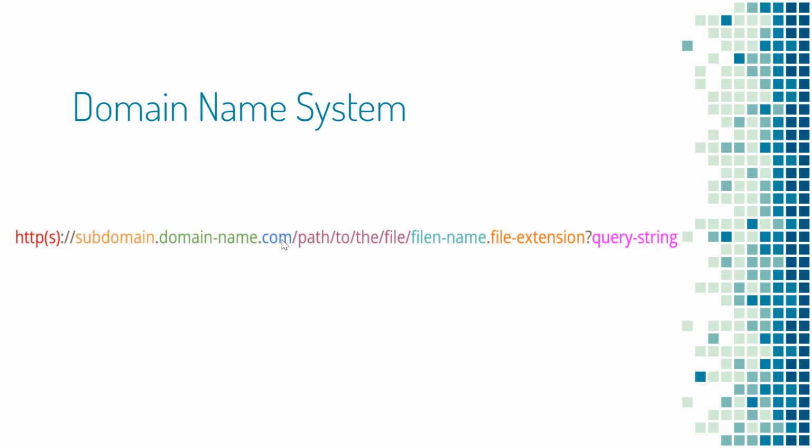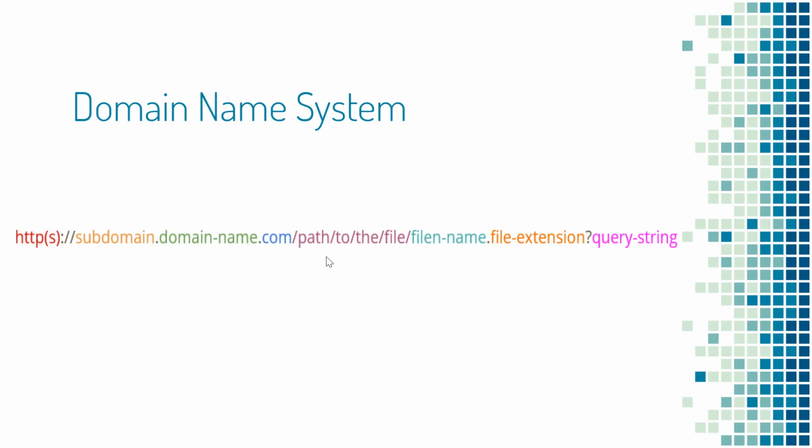Here, the path to the file, where the file you are trying to access is located on the destination server. And when we get to the module on building web application architecture, we'll understand what we mean by path to the file.